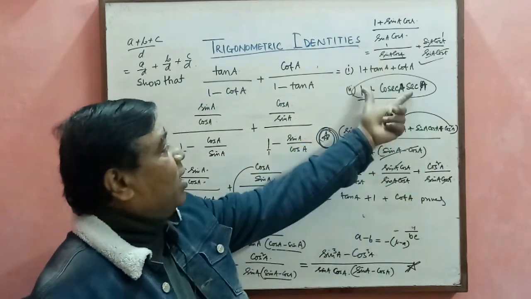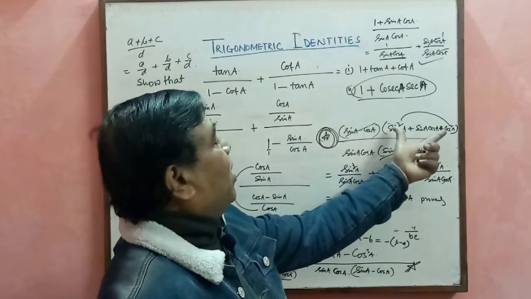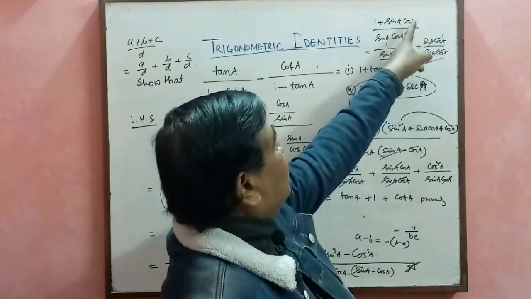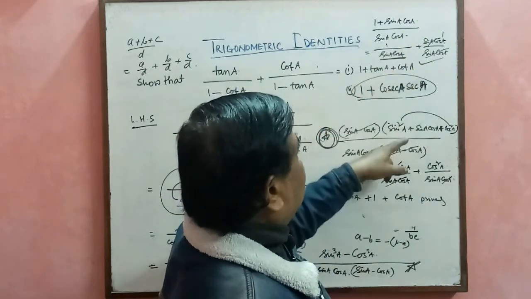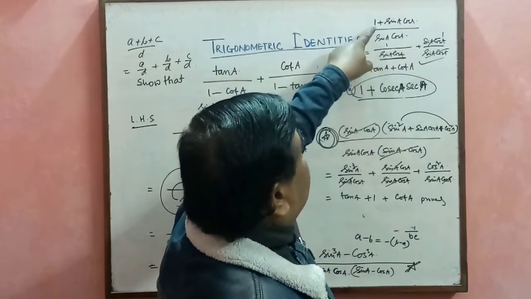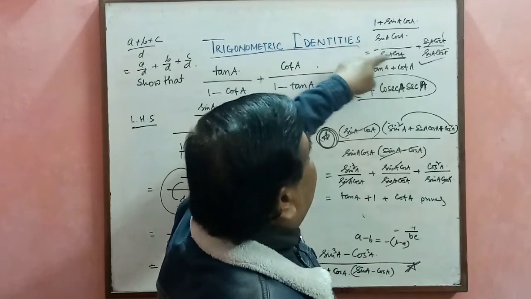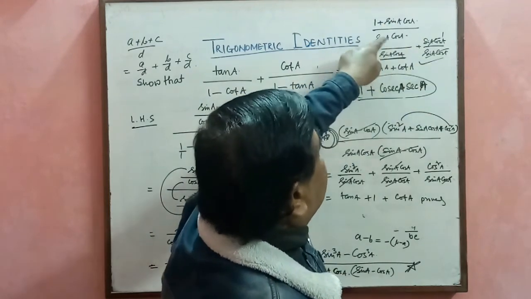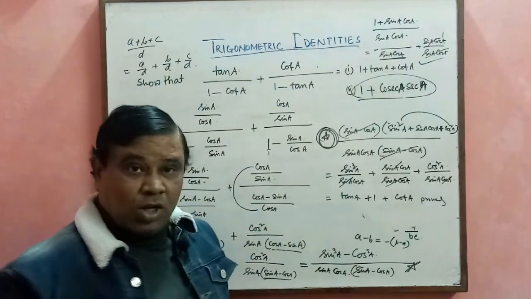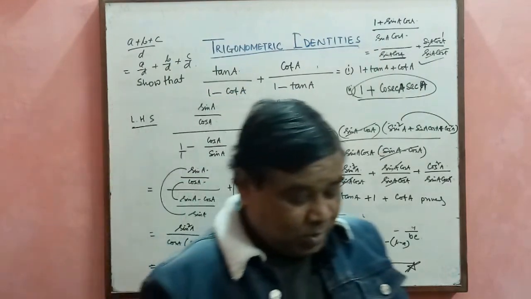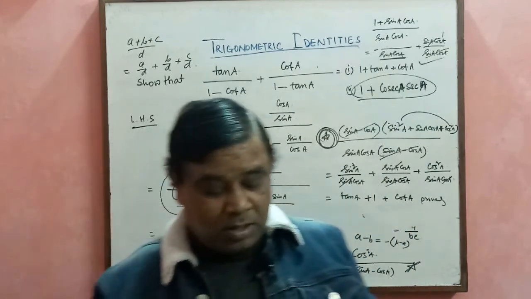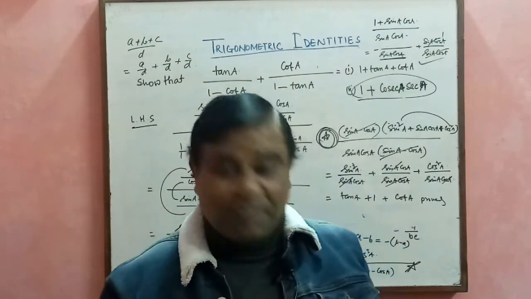If we need 2 on this one, here we will put 1 and (1 plus sin A cos A) upon sin A cos A. So this is 1 upon sin A cos A plus sin A cos A upon sin A cos A. This is 1 and this is secant cosecant. So this is all about today. In my next class I will discuss the application of trigonometry.